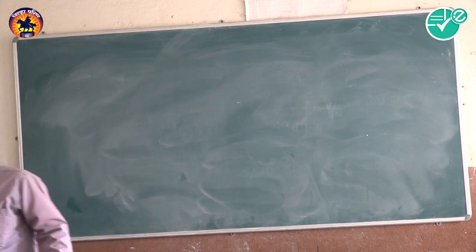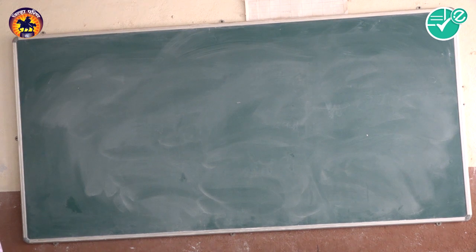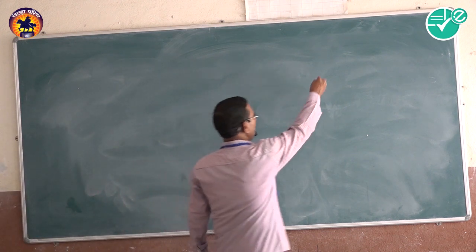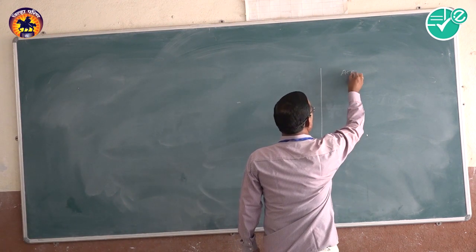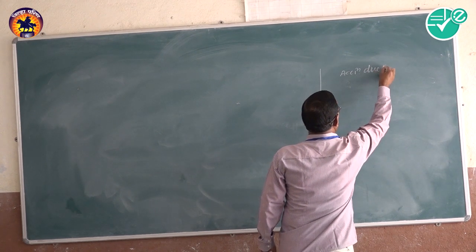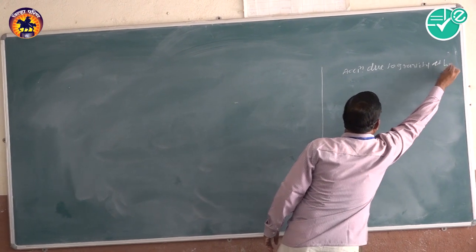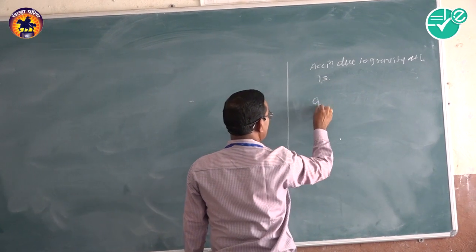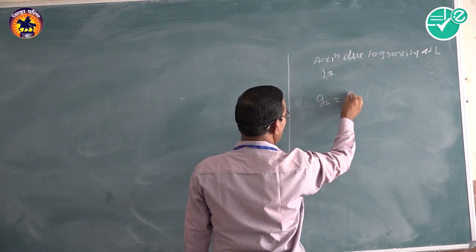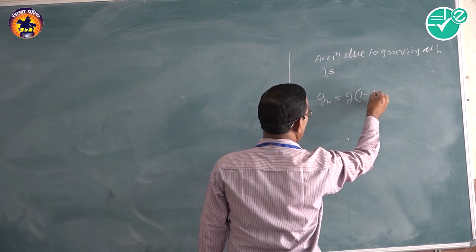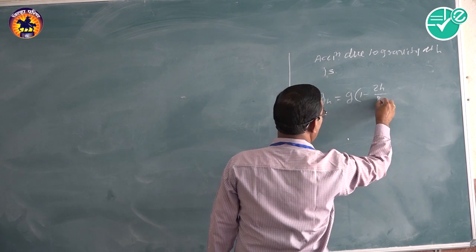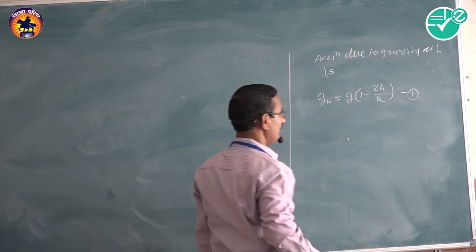From the equations, that is g_h and g_d, the acceleration due to gravity at height h is g_h equal to g in bracket 1 minus twice h by R, that is equation 1.